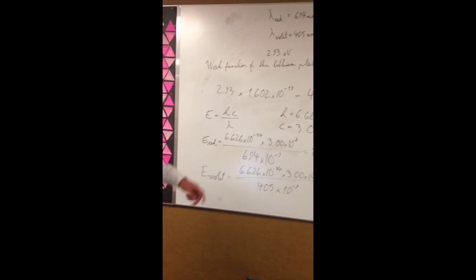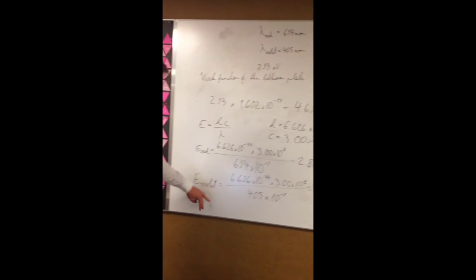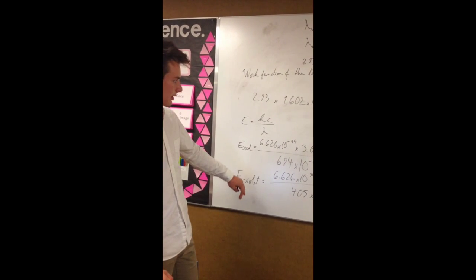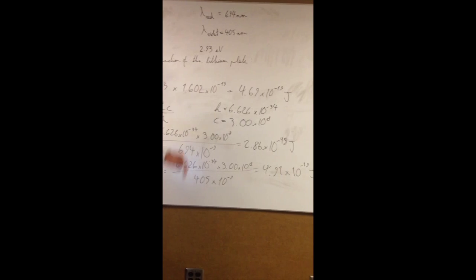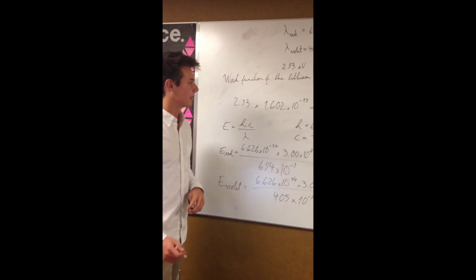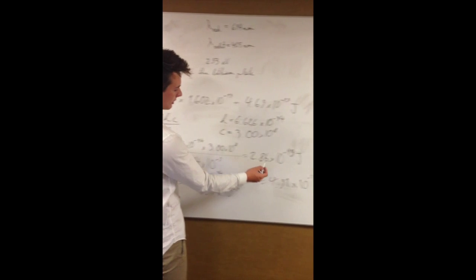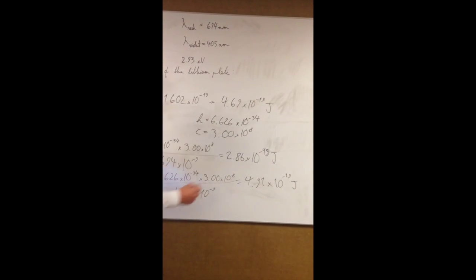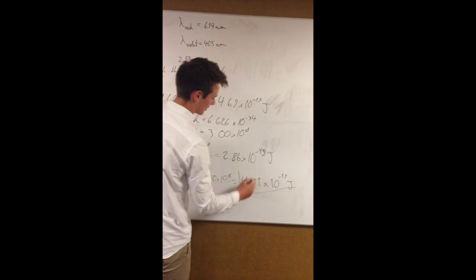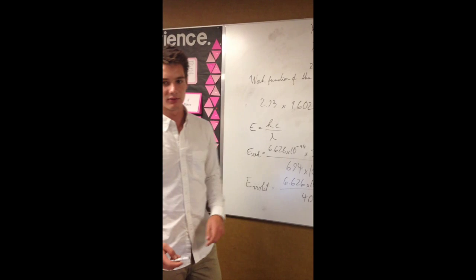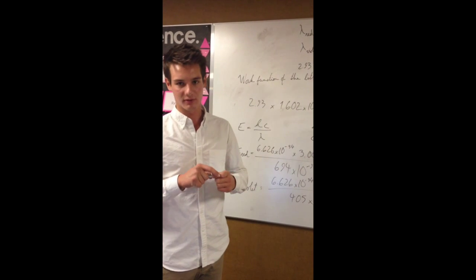So we can see that the energy of the photons of the violet light is superior to the work function of the lithium plate, while the red light is inferior. So the violet light is the only one that's going to work. This is the laser that the spies need to use.